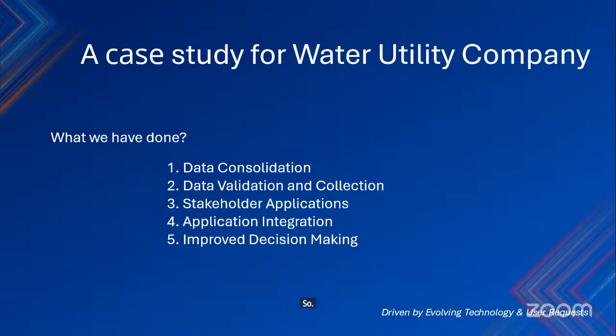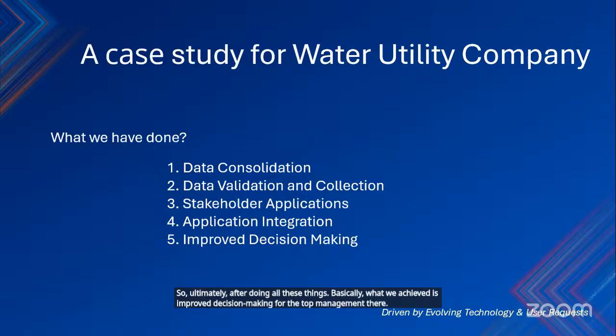So ultimately, after doing all these things, what we achieved is improved decision making for the top management there. I will not be able to show you the actual applications, but I have grabbed some screenshots, and through those I will try to explain what exactly we have done for them.